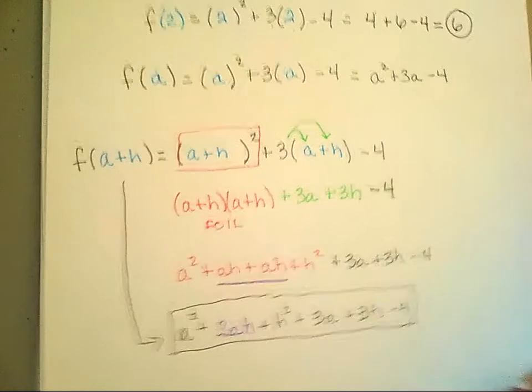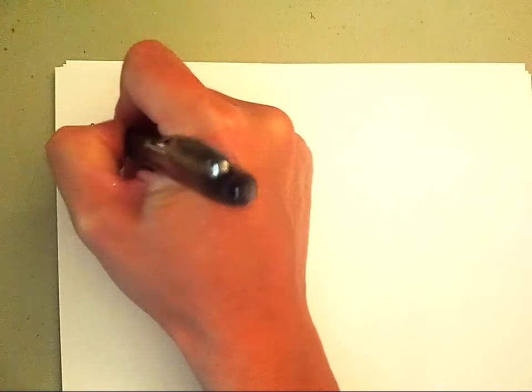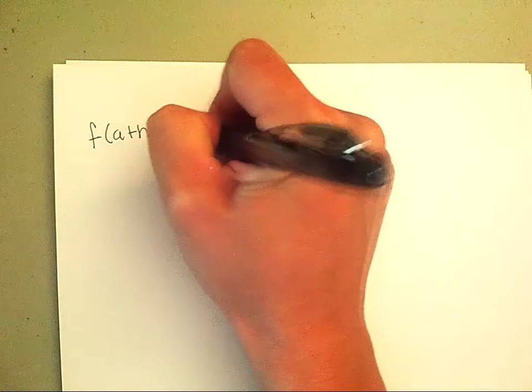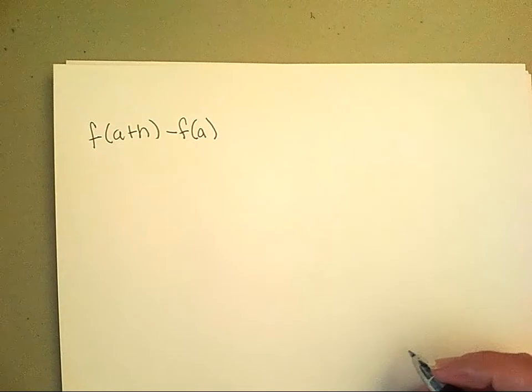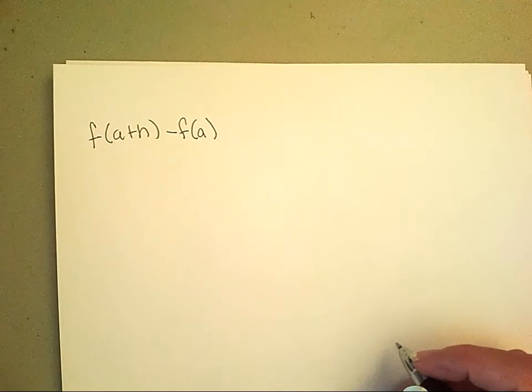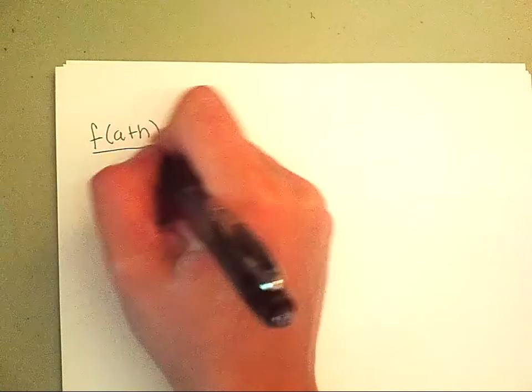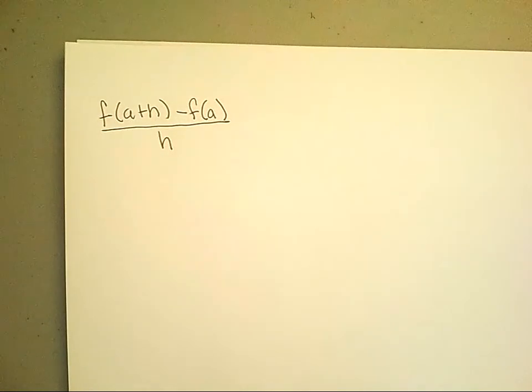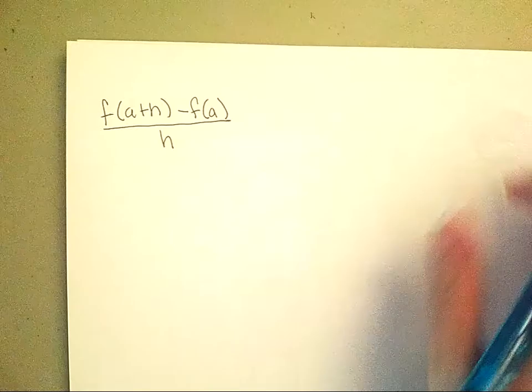Okay, and we can make it a little more complex. Let's say we wanted to take f of a plus h and then subtract off f of a. We can also then divide by h. So let's see if we can find this entire quantity.